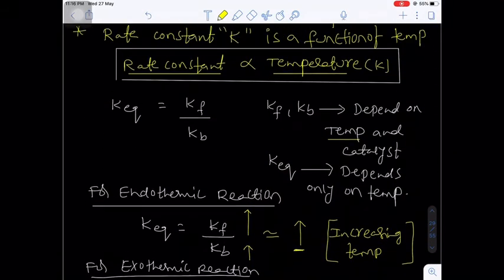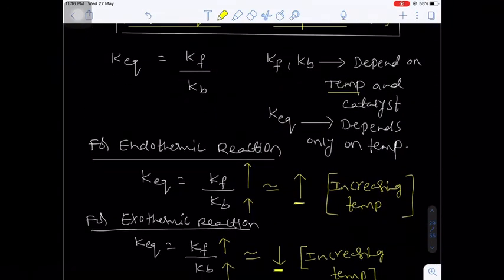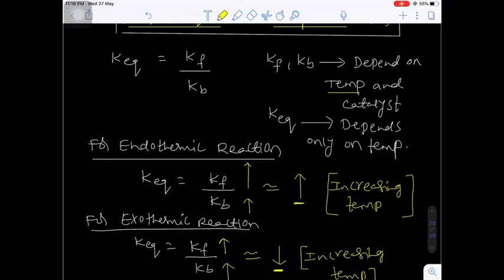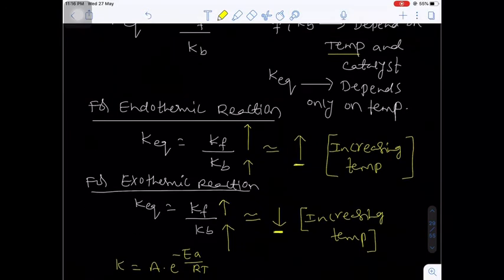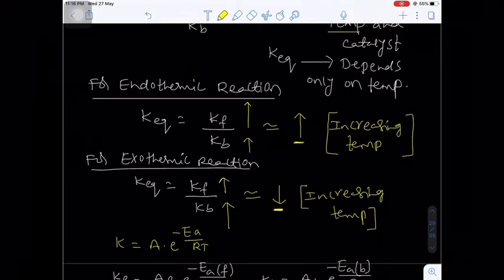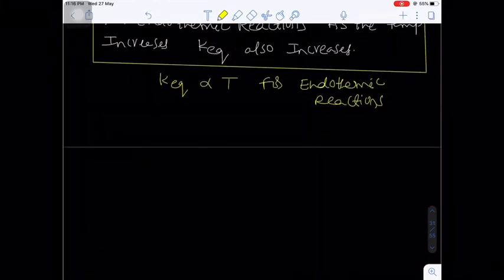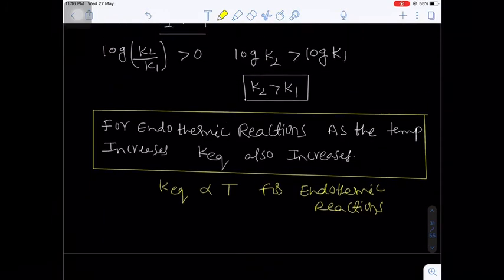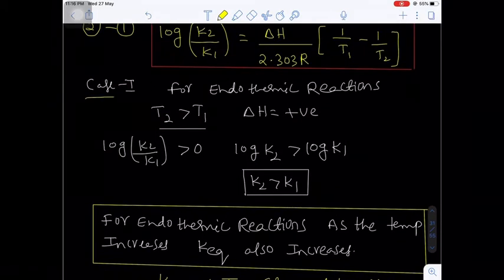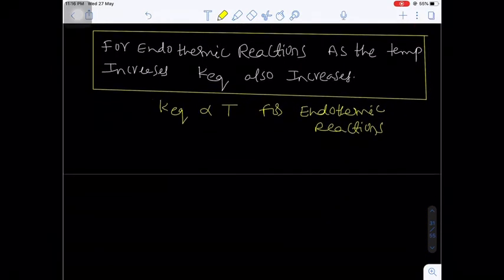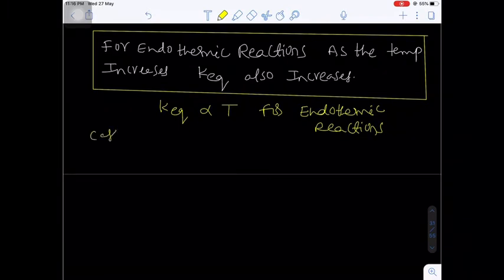So this I already told you here in the beginning. In exothermic reactions, increasing of temperature, equilibrium constant will decrease. Okay, now we are explaining with the mathematical proof. This is the first case.